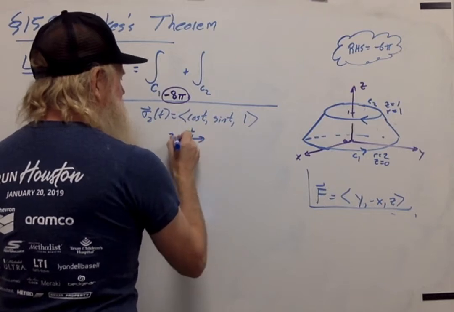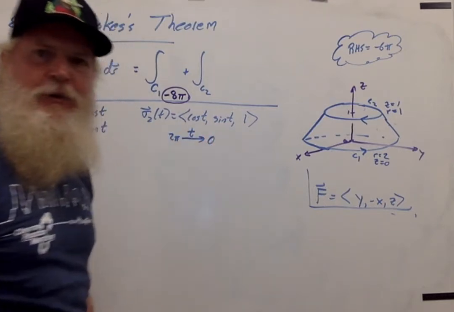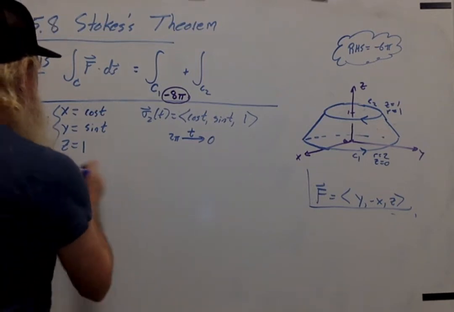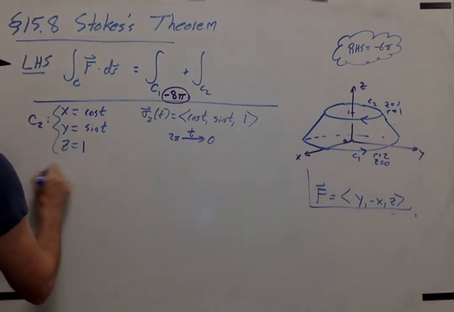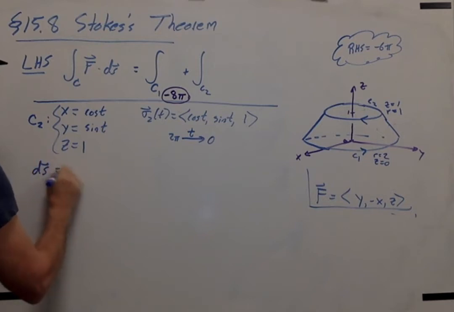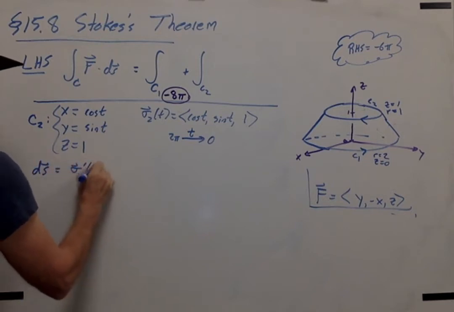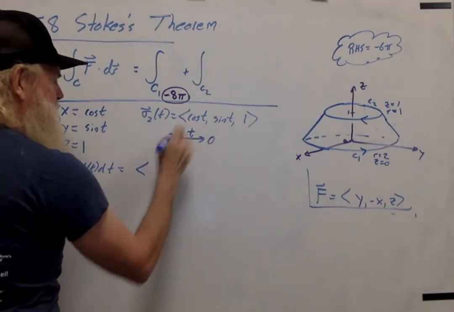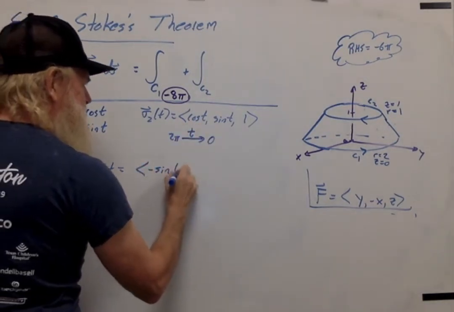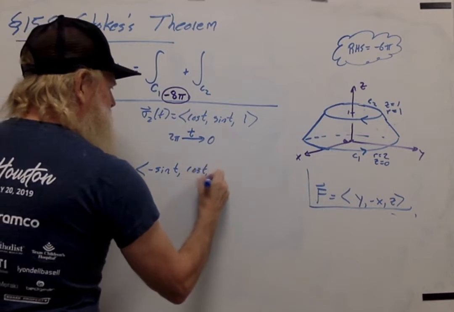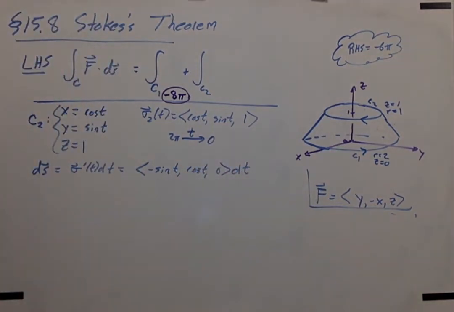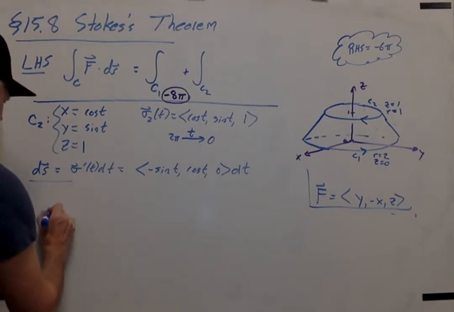So here I'd better go from 2 pi to 0 rather than the other way around. Little vector ds is sigma prime of t dt, which will be negative sine t, cosine t, and 0 dt. And then we're ready to substitute in.